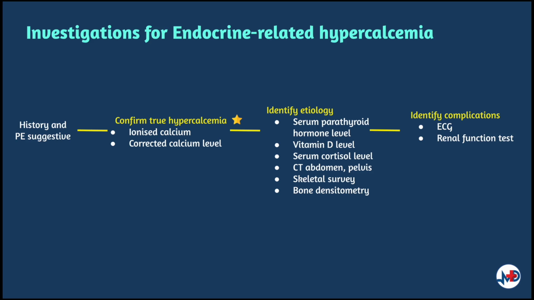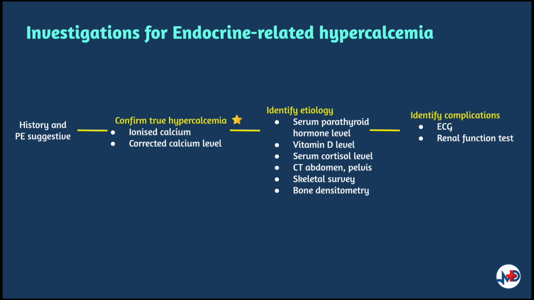Tests that can be obtained are serum parathyroid hormone levels, vitamin D levels, serum cortisol level to assess adrenal insufficiency, CT abdomen and pelvis to assess for tumors, skeletal survey to assess lytic bone lesions, and bone densitometry to evaluate patients with primary hyperparathyroidism.